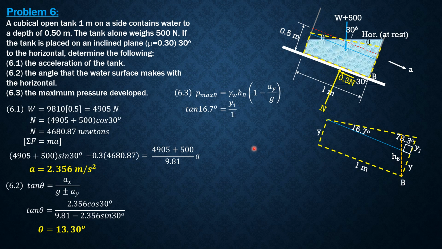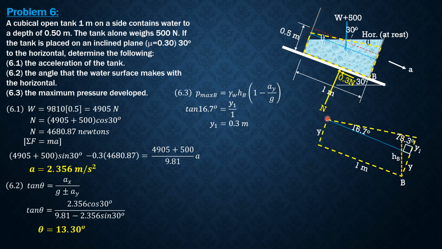But before that, let's solve for y1. Tangent of 16.7 degrees equals y1 over 1 from this right triangle here, because that's 1. So y1 is 0.3 meter. Next, we want to solve for y. Since no water is spilled, instead of volume, we can use area because the tank is cubical. The width perpendicular to the board is constant at 1 meter.